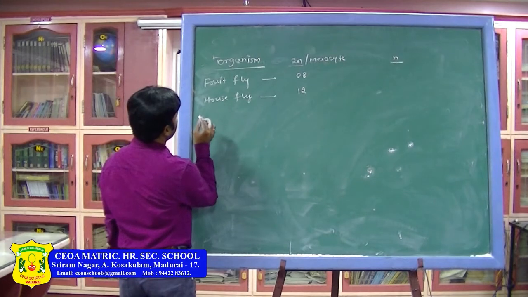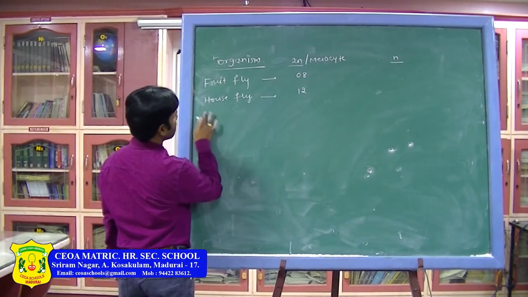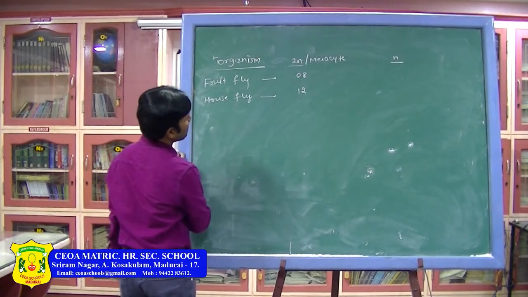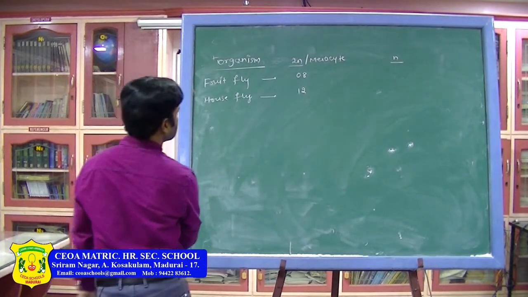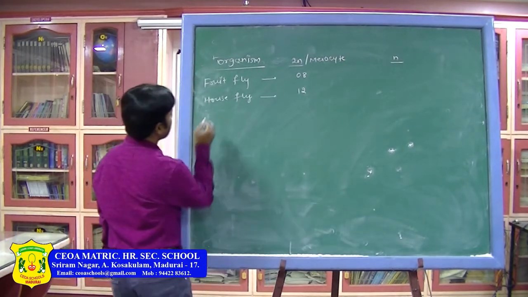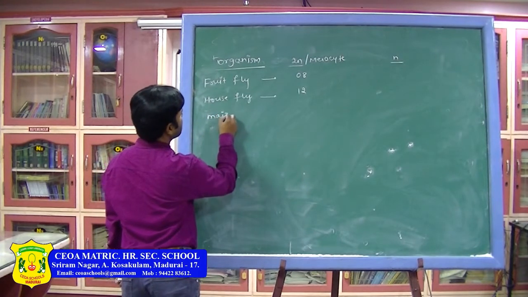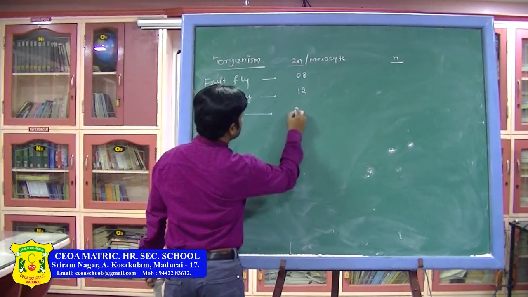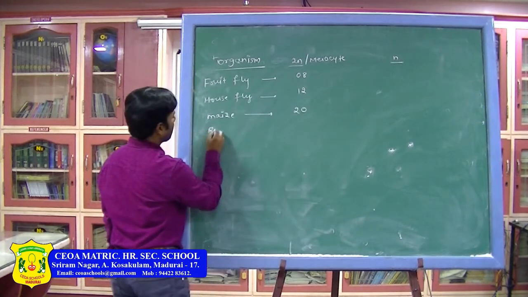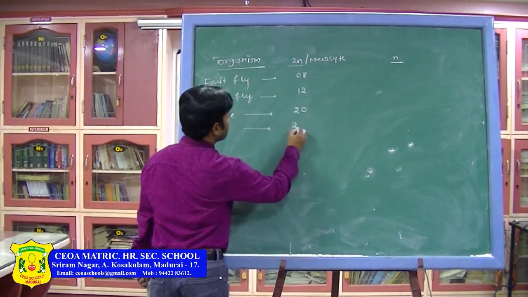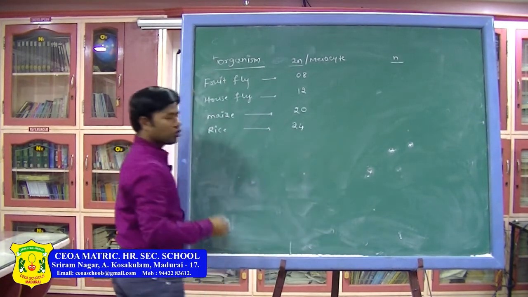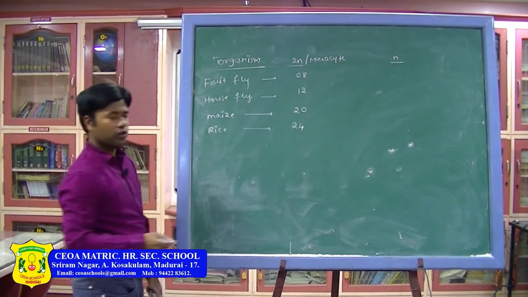Next 12, 14, that is maize, 20, rice 24 chromosomes, diploid number 24 chromosomes.